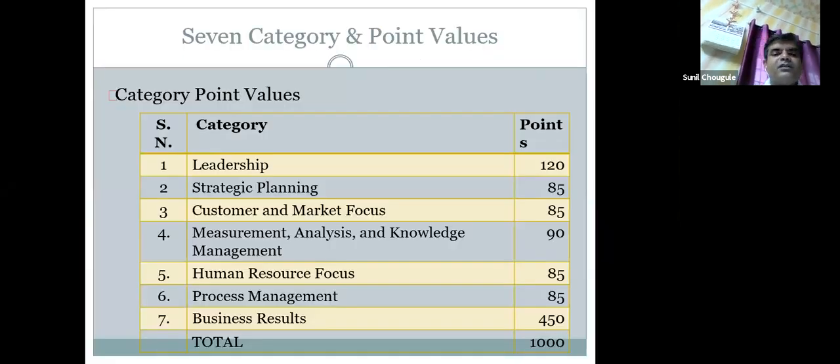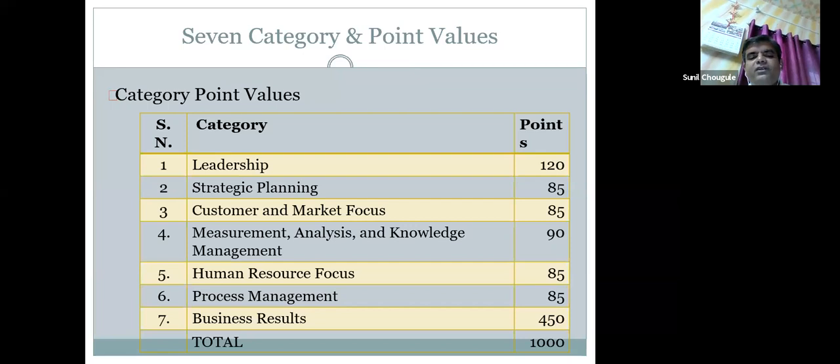So this is what is relevant with the 7 categories and point values: leadership, strategic planning, customer and market focus, measurement, analysis and knowledge management, human resource focus, process management, and business results. All put together, a total of 1000 points are given.